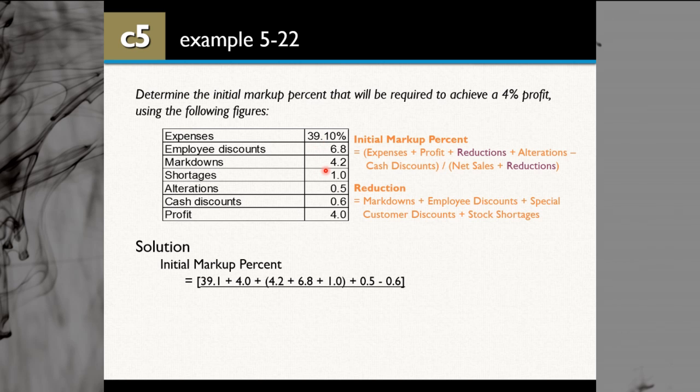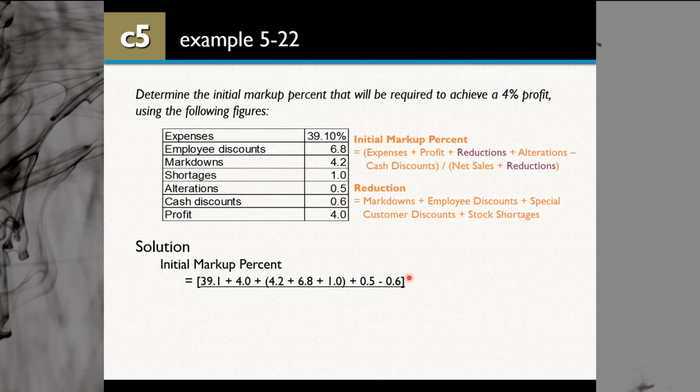So you can put that plus here, plus, you remember the alteration is going to be a plus 0.5%, minus the cash discount here, 0.6%. Then you have to divide it by your net sales plus reduction. At this point, your net sales, do you remember the percentage? It's 100%.